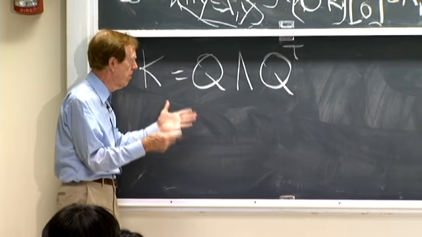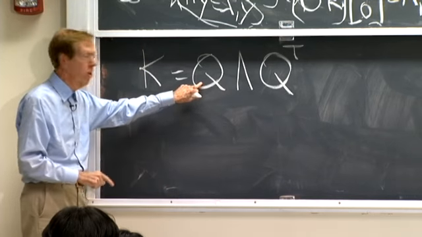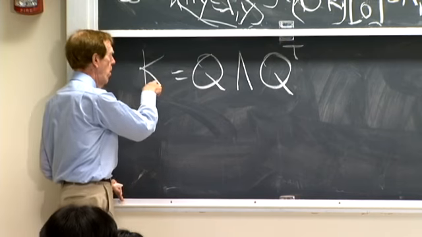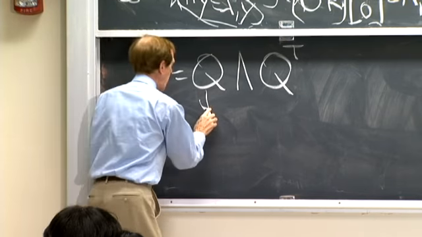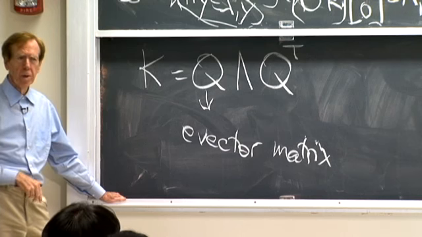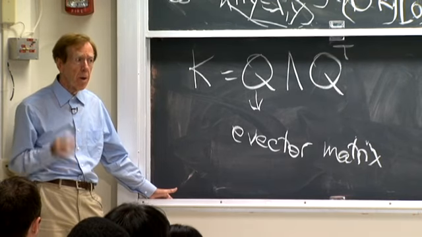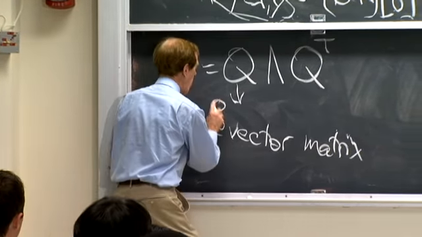That's this principal axis theorem. What kind of a matrix is Q? It's the eigenvector matrix for a symmetric K. What do we know specially about the eigenvectors then? They're orthogonal. We can make them orthonormal, so this will be an orthogonal matrix.